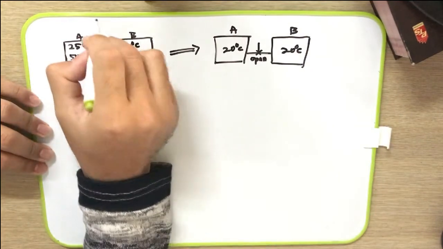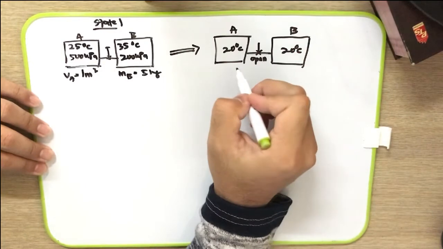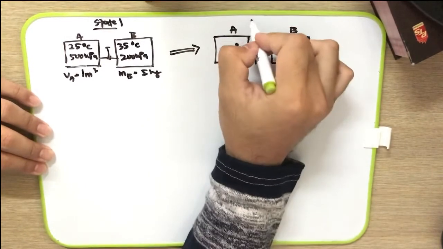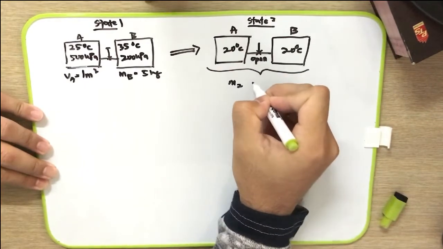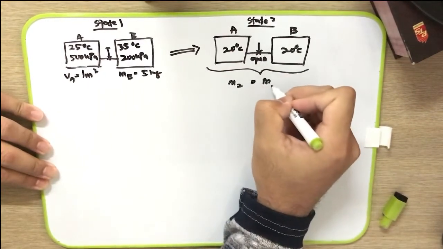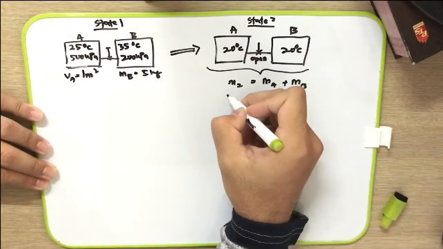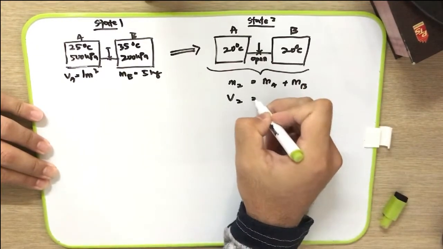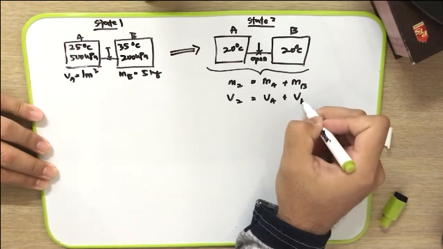When the valve is closed, we label it as state 1, and once the valve is open, we label it as state 2. The mass for state 2 will be the mass of tank A plus the mass of tank B. The volume for state 2 is equal to the volume for tank A plus the volume for tank B.